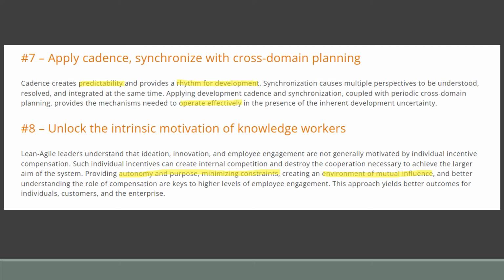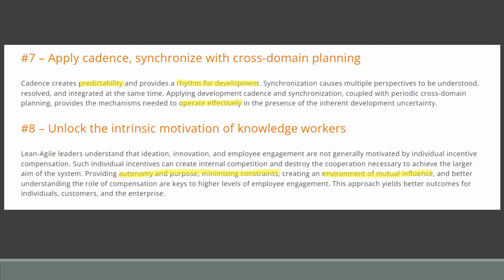The eighth one is unlocking the intrinsic motivation of knowledge workers. Lean agile leaders understand that team members are not motivated based on incentive compensation.